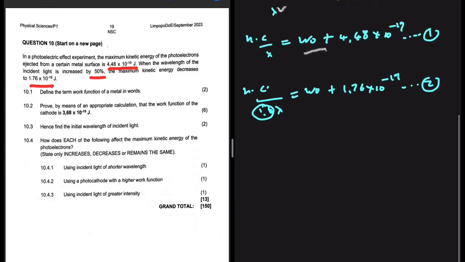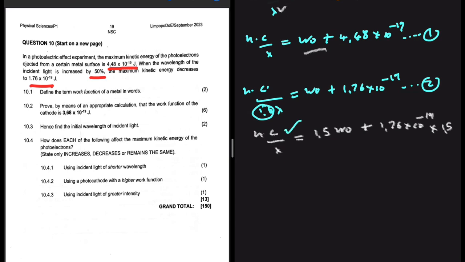If we do that, we're going to have H multiplied by C divided by wavelength equal to 1.5 work function plus 1.76 times 10 to the minus 19 multiplied by 1.5. So we can equate HC divided by wavelength.